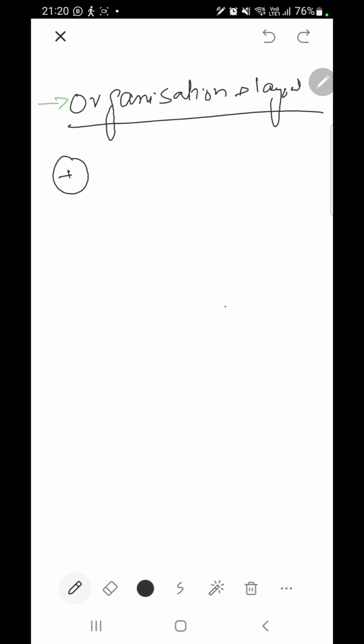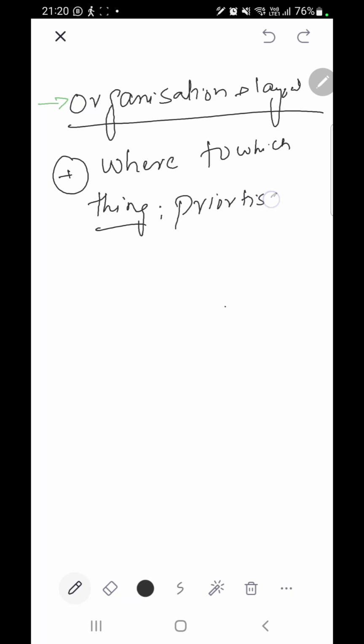Right? Anyhow, the next point is the organization of the case notes. In organization of the case notes, in simple words, it's where to write which thing, or prioritization. You have to prioritize the details as per the importance of the history.